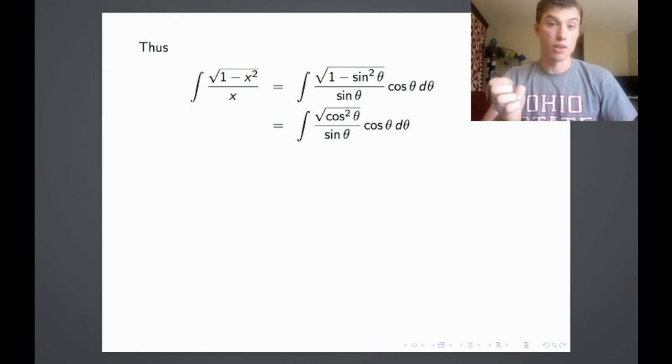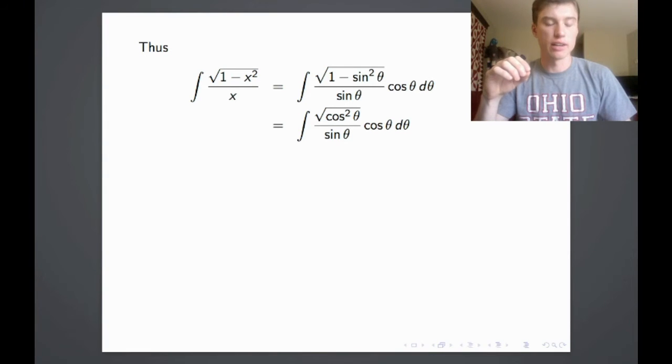Now, let me make a general comment about trig substitution. You generally don't need to worry about this subtlety of the square root of a quantity squared in the case that you're substituting for sine theta and tangent theta.